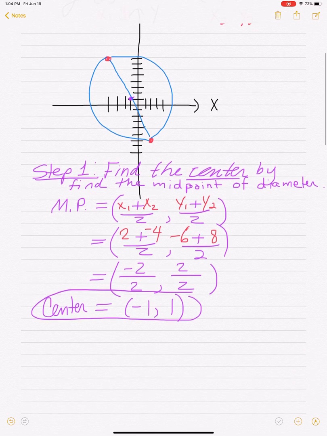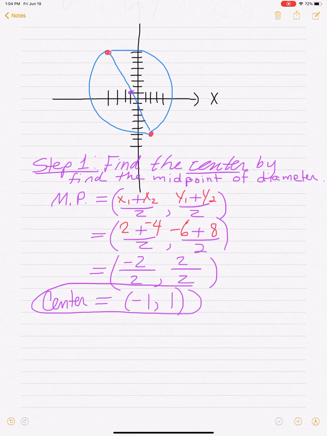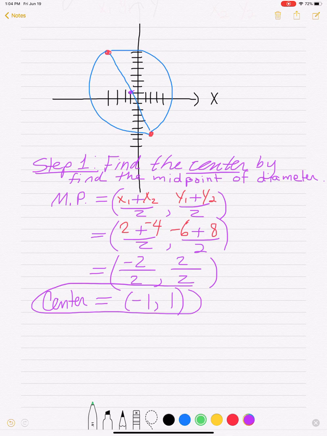So the second thing we've got to do is find the radius. I'm going to find this radius down here. You can do the other one in the upper left. So step 2 is find the radius. How do you do that? Use the distance formula.